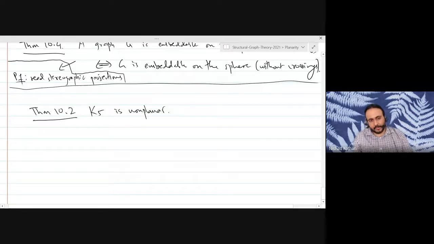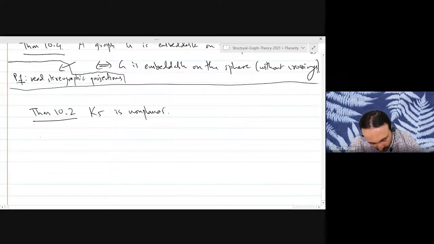But the advantage of this proof that we are going to see today is it tells you more about the structure of K5 that makes it non-planar. Whereas if you use Euler's formula, which we will discuss later, it focuses mostly on the number of edges. And it doesn't tell you so much about the structure of the graph K5. It just tells you there are too many edges for the graph to be planar. Okay? So that's why I really like discussing this proof, which explains what is it about K5 that really makes it non-planar.